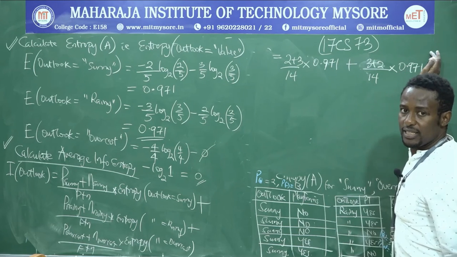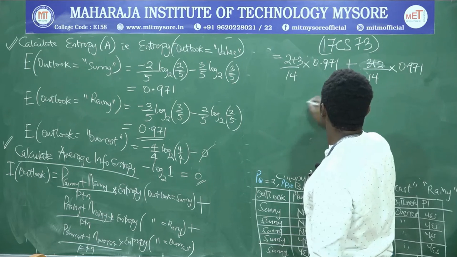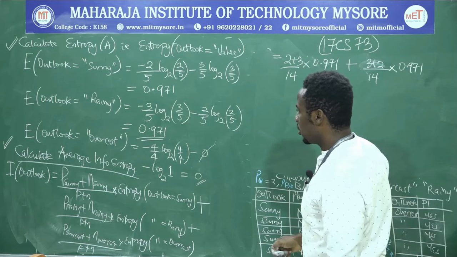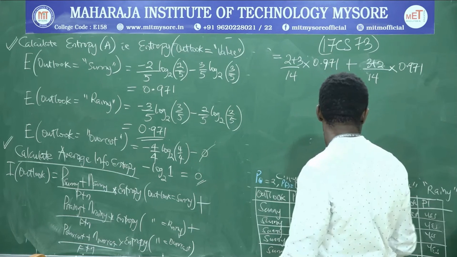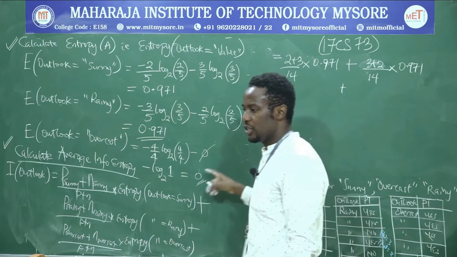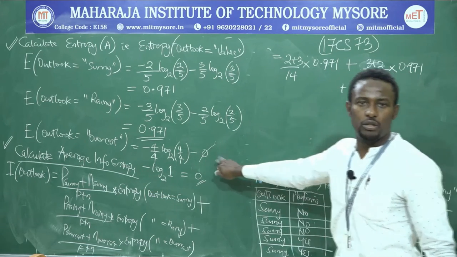I'm not going to go beyond this because you won't see the board. Plus the last one for outlook. For outlook, we had P plus N, and remember, the entropy was 0. Did you remember that? The entropy was 0, so I don't want to do this.